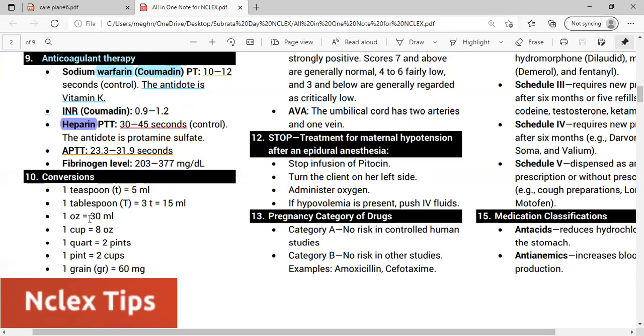One ounce equals 30 ml, right? Sometimes we say my patient took 1 ounce of orange juice, meaning 30 ml orange juice. One cup equals 8 ounces, right?